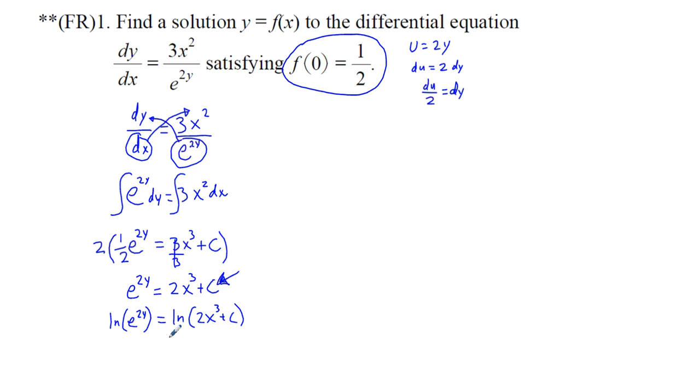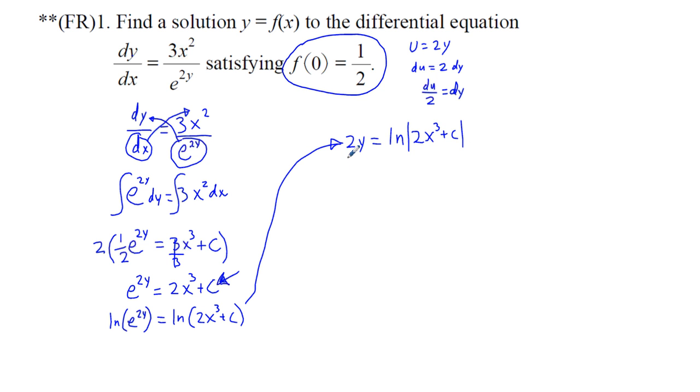What happens here is your ln and your e will cancel each other. So we have 2y is equal to the natural logarithm of, and most of the time when you take a natural logarithm of something, you take the absolute value of 2x cubed plus c.